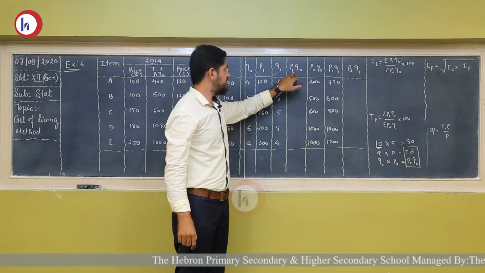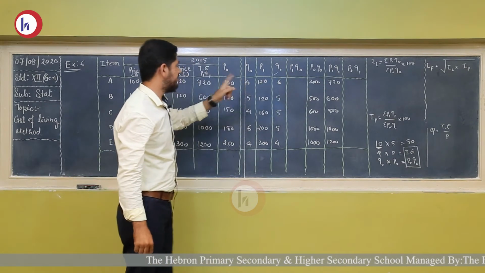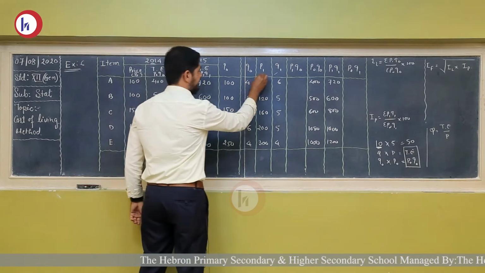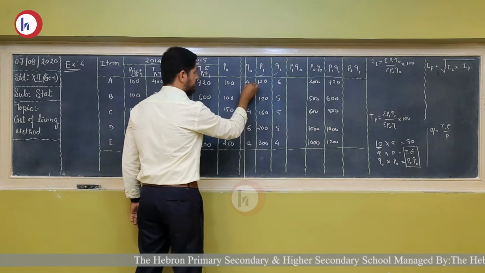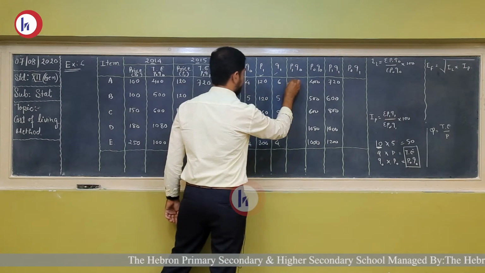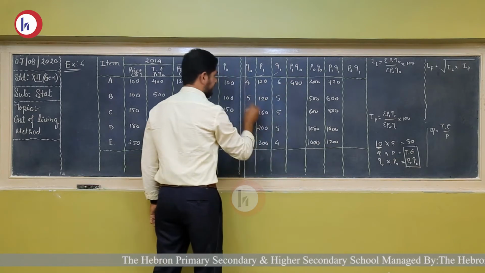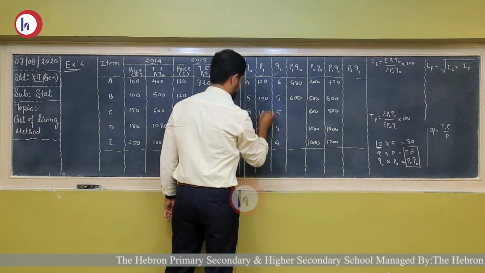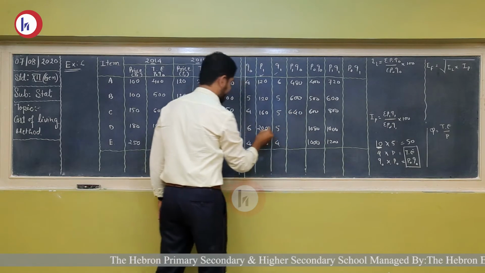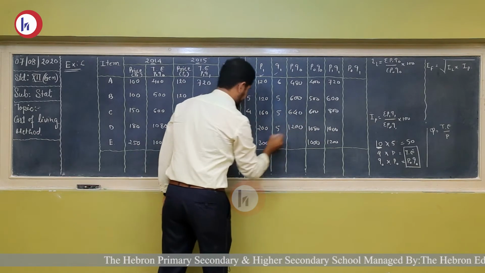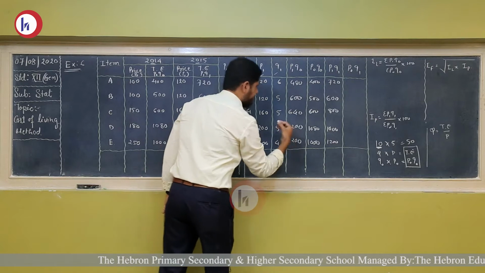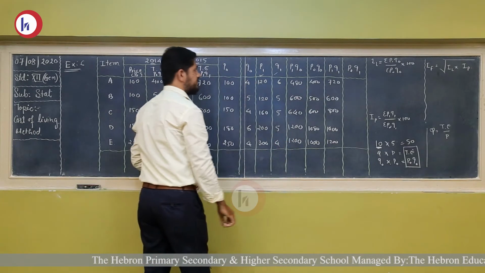So let's multiply P1 with Q0. Here is P1 and Q0. So 120 into 4, 480, 640, 1200, finally 1200. Now the last column is P0Q1.